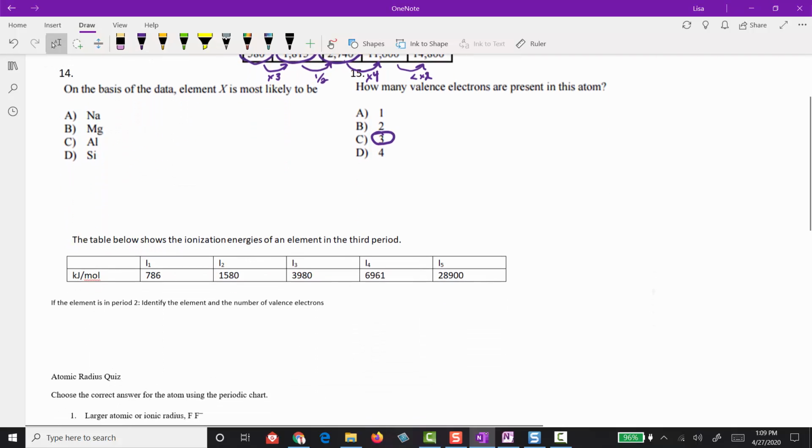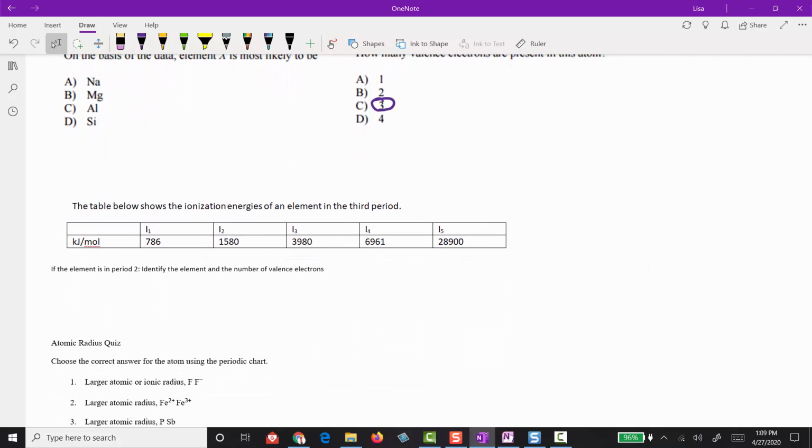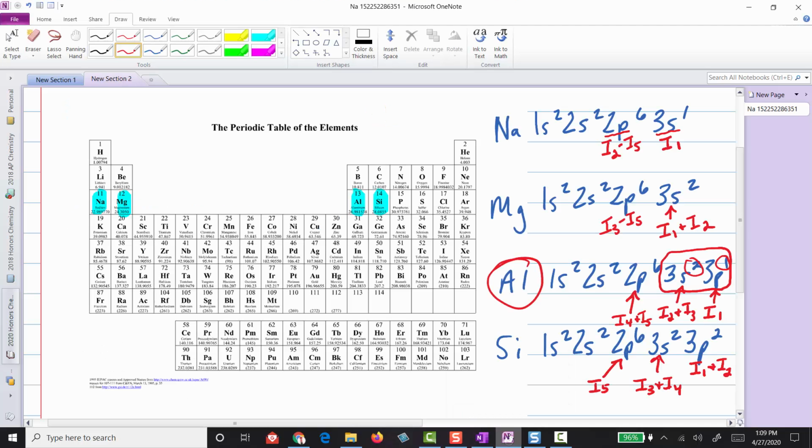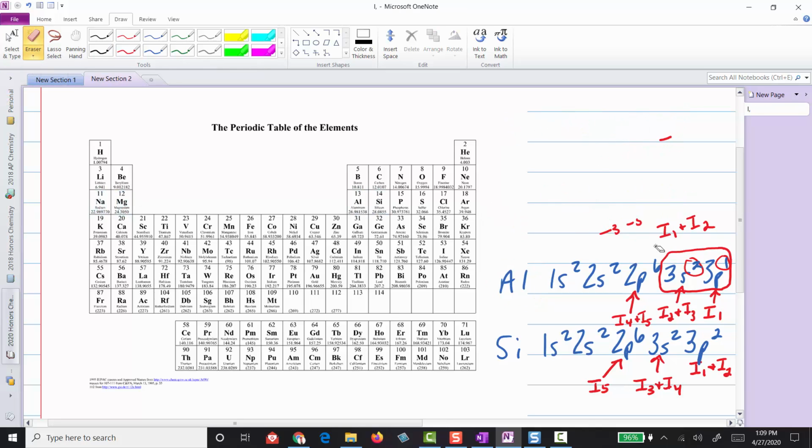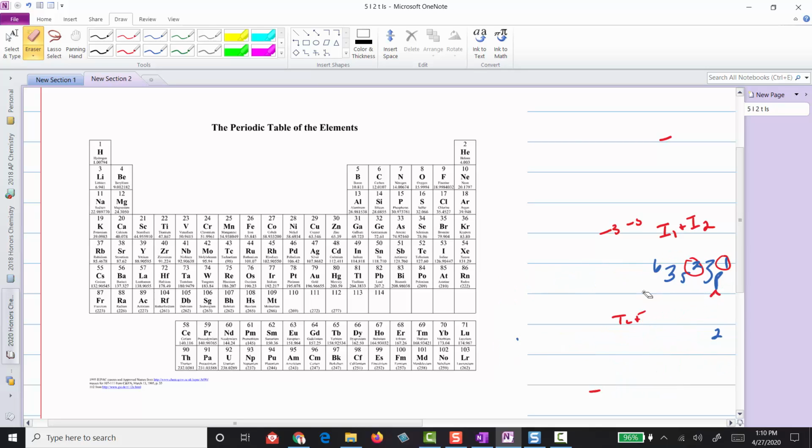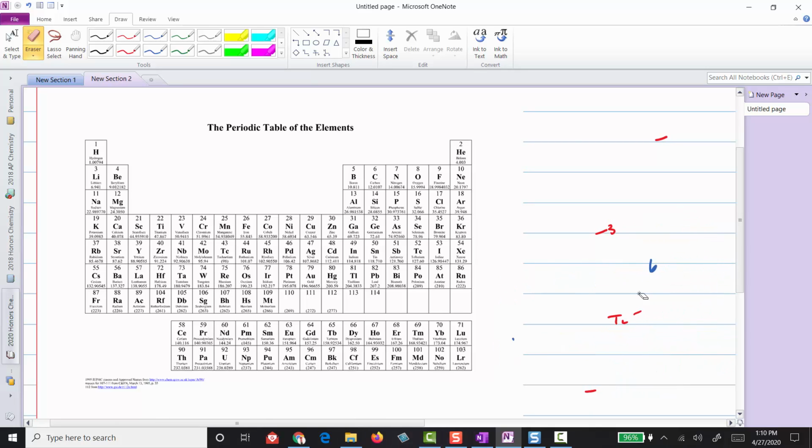All right, so now let's look and see how we can do that without having to write out the electron configurations. So looking here, let's erase. Give me an eraser here. Okay, so now these are the second period. So we're looking at these right here.